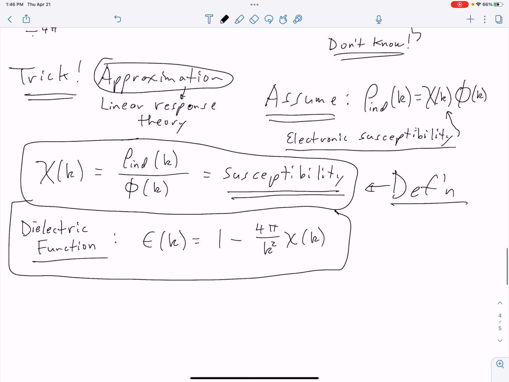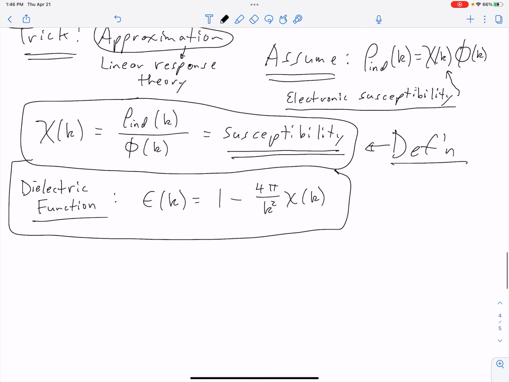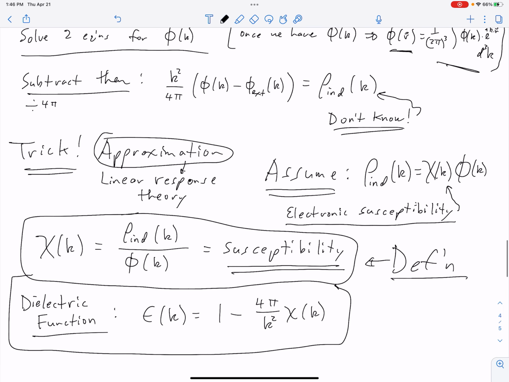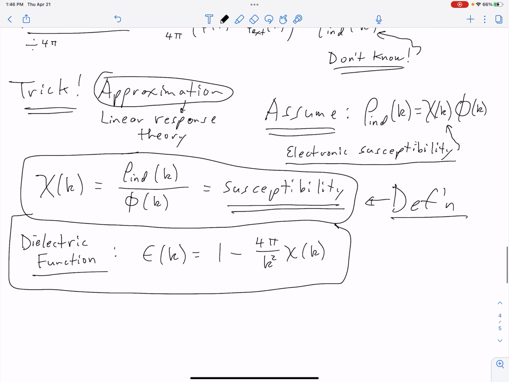Okay, so now if we knew that ratio, which is essentially the same as knowing the dielectric function, then we can go back to this equation. Let me rewrite it over here.